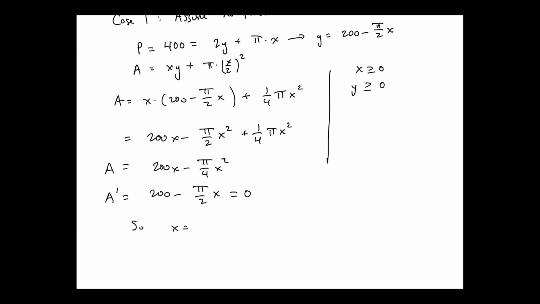So it'd be 400 over pi. Right? Okay, now if that's the case, then if I substitute that back into my formula for y, what do I get for y?